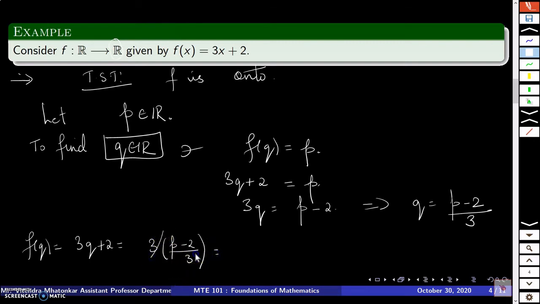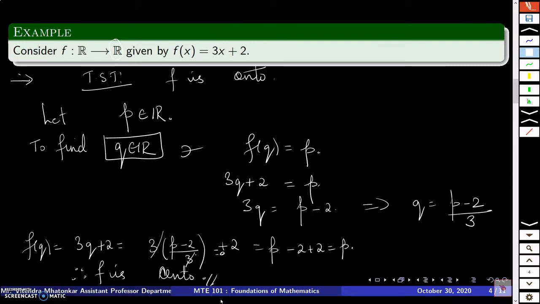So the 3 and 3 will cancel out and I'm left with P minus 2 plus 2, and that's P. So for a point P in R, we have found a point Q in R, that is again the domain, and Q is given by (P minus 2) by 3, such that f of Q is equal to P. And hence we have shown that this function f is an onto function. So that was a simple example of an onto function.